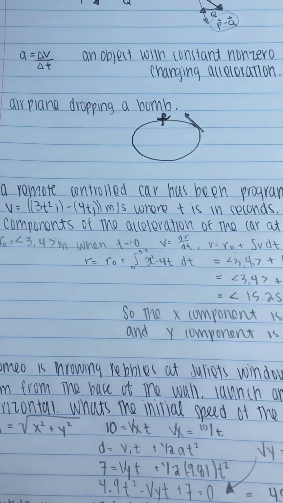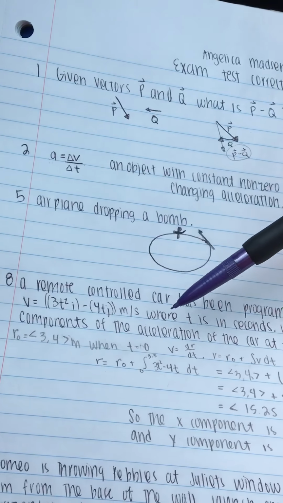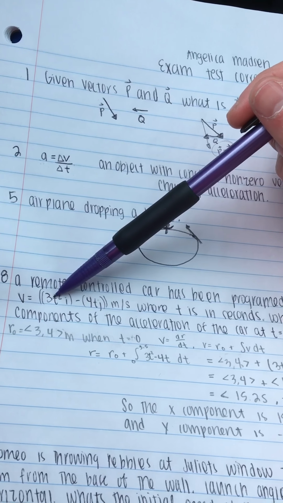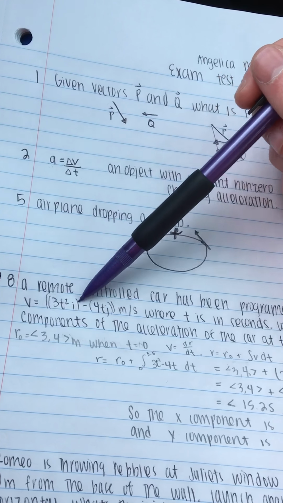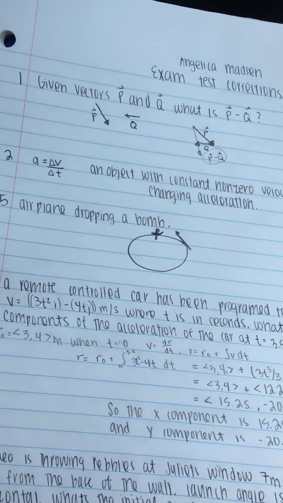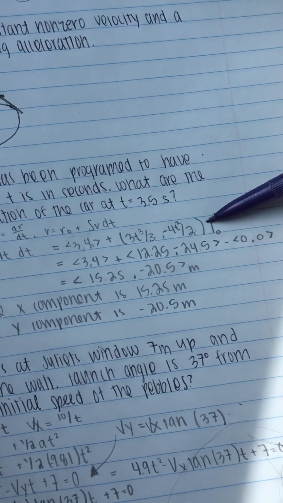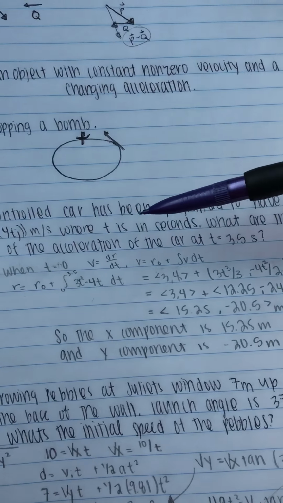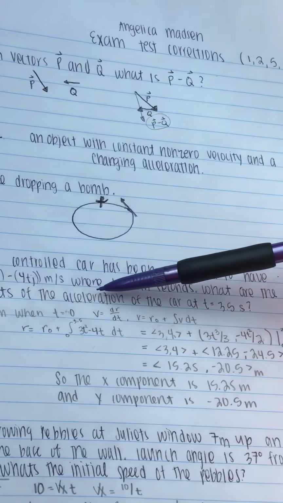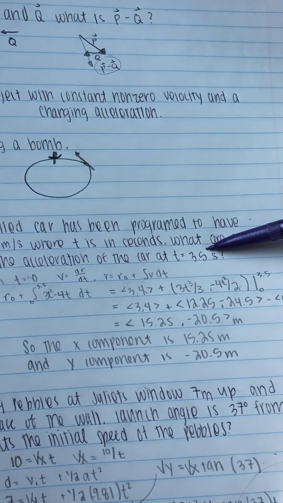What you need to do is take the integrals, knowing that this is x and this is y. So you take the integral of it, and I got this right here, and then you evaluate it, because it says the components of the acceleration of the car at time equals 3.5 seconds.